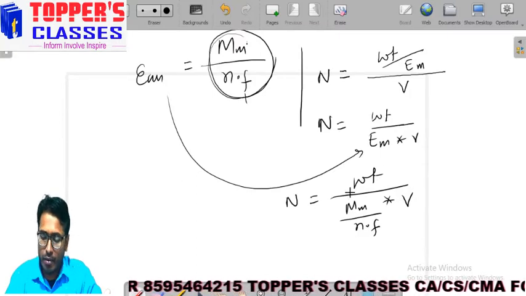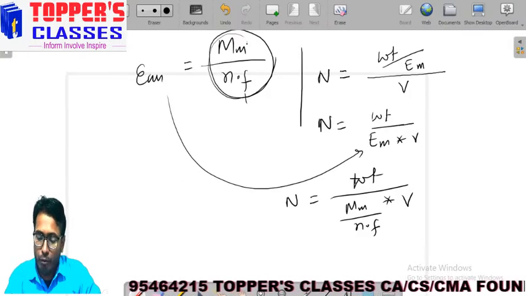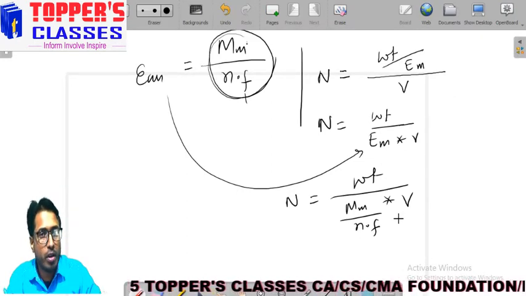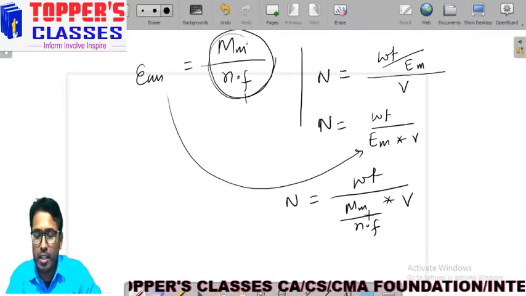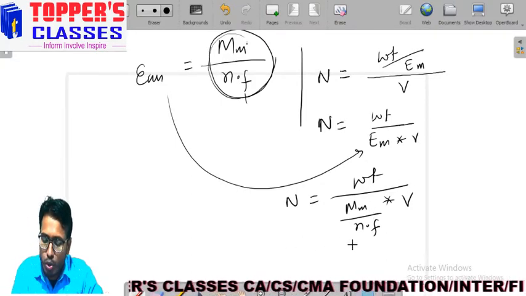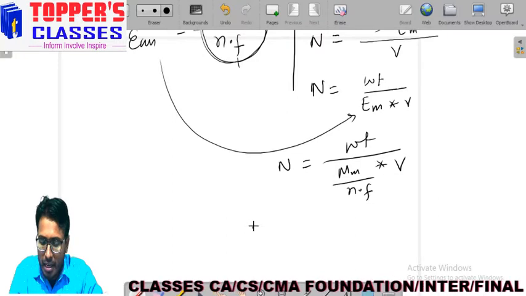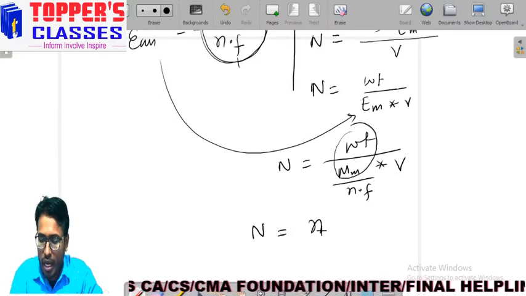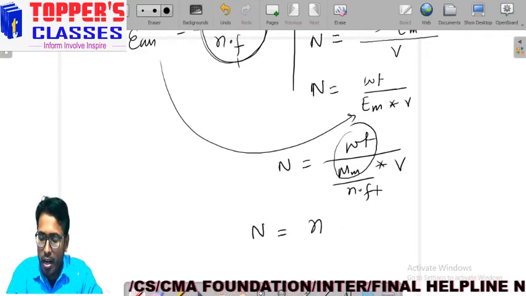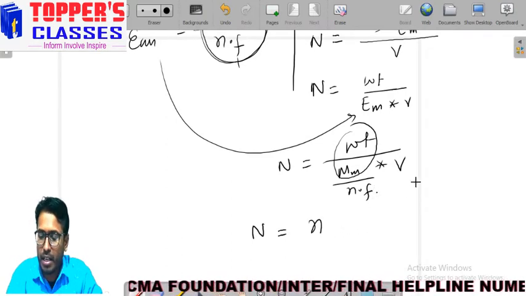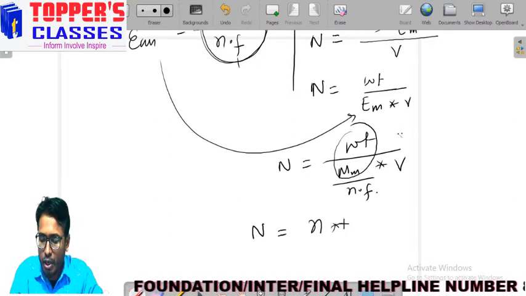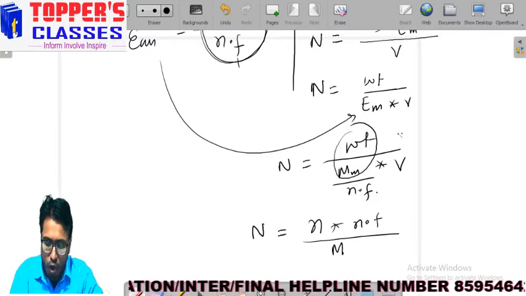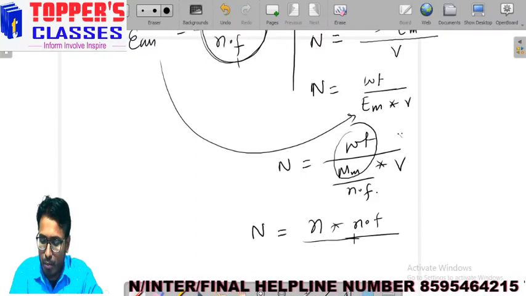Now we all know that the ratio of the weight of the solute to the molar mass of that component is equal to the number of moles. So can I write normality equals, for this term using number of moles n, upon, and now the n factor can be taken into the numerator, so n into n factor upon molar mass into volume, n into n factor upon volume.